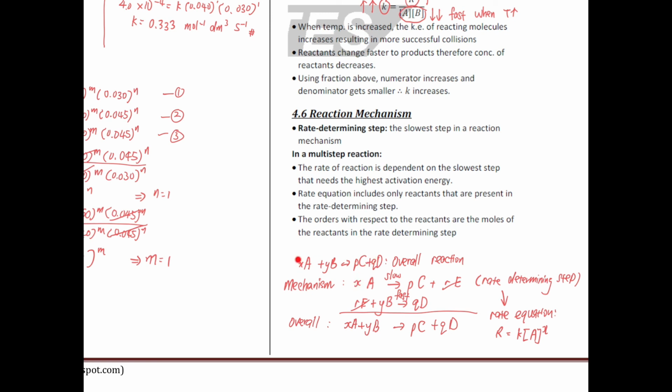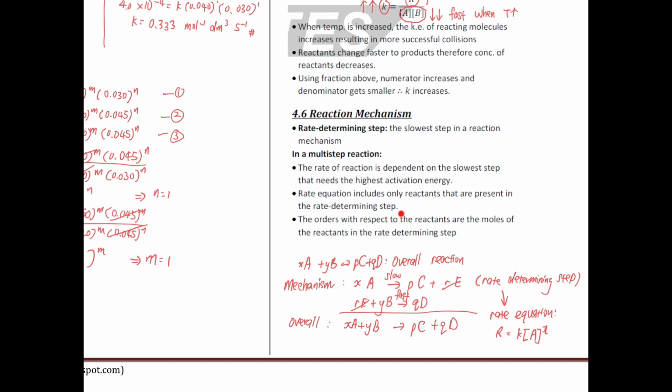Don't expect the overall X to always be the same. Sometimes the overall is 3 but here it is maybe 1, so you have to use the 1 instead of the 3 in your rate equation. So follow the rate determining step. I will give you more examples later on another page, so let's move on first.